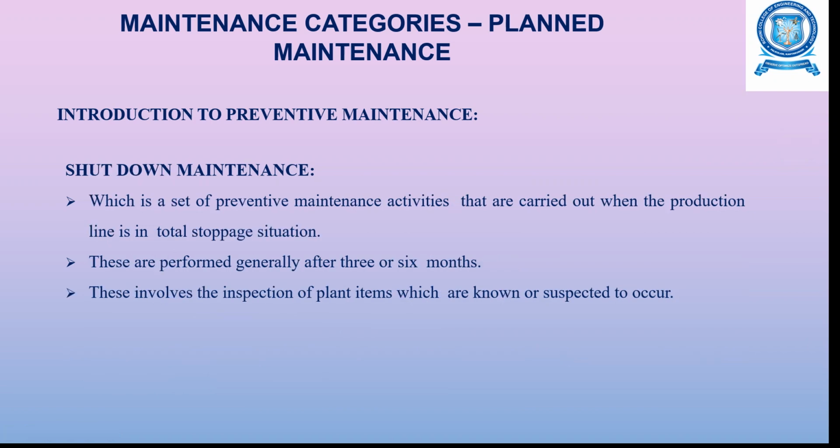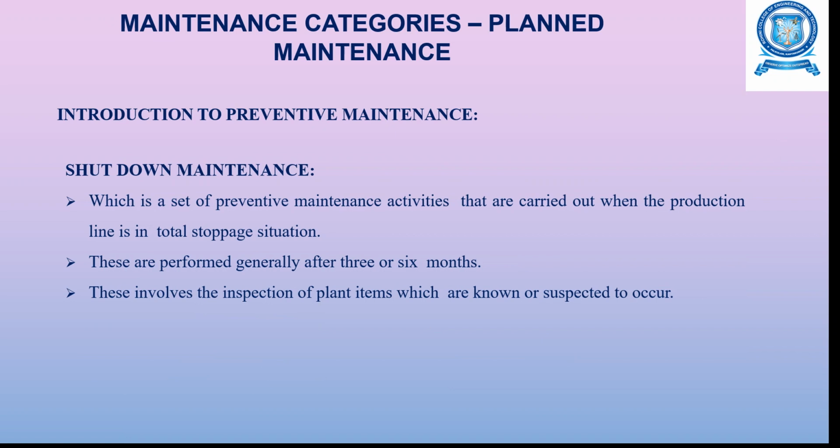So here in preventive maintenance, we have shutdown maintenance. Shutdown maintenance is a set of preventive maintenance activities which are carried out when the production line is in a total stoppage situation, that is, when the machines, the production unit, and the entire unit are in idle condition.